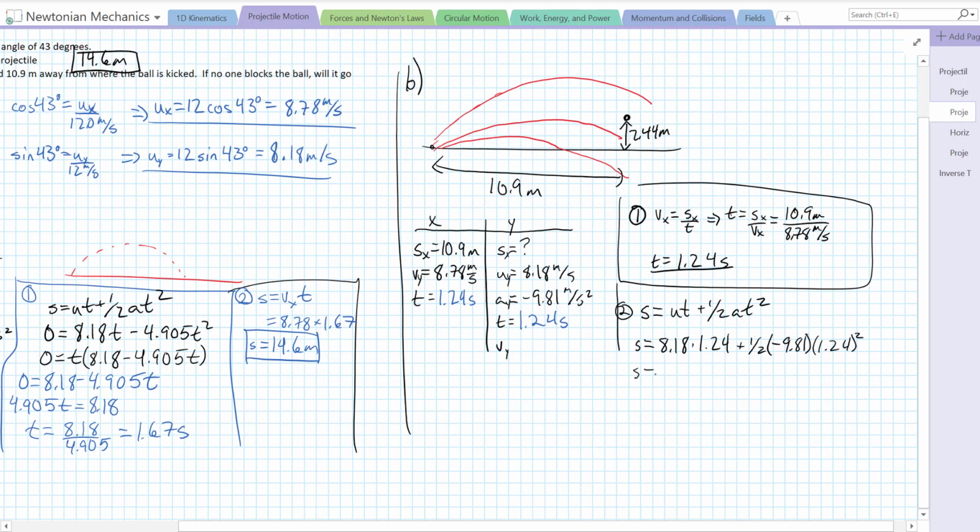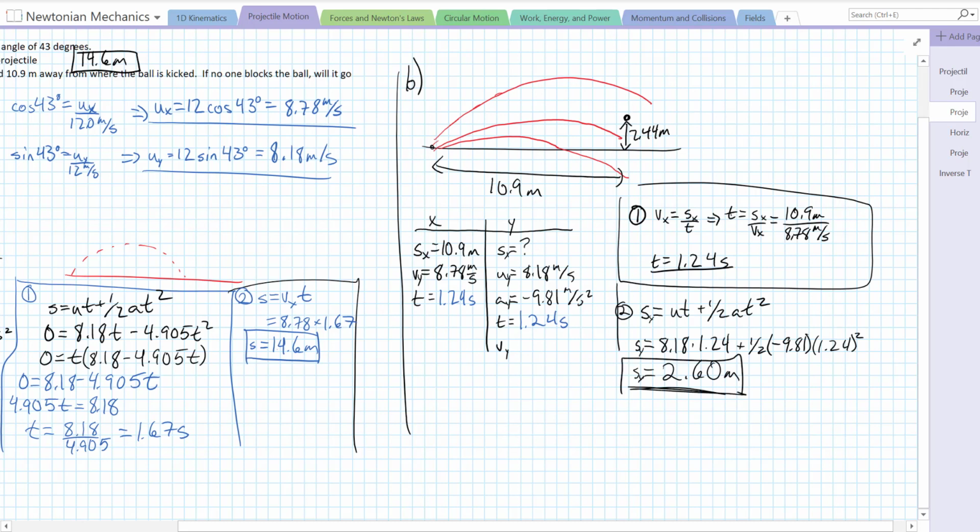And I plug that into a calculator to get my vertical displacement. 8.18 times 1.24 plus 0.5 times negative 9.81 times 1.24 squared gives me 2.60 meters. And that's really what I need to answer the question.